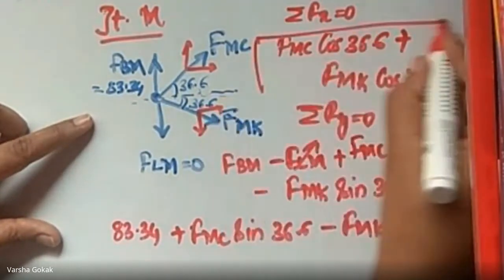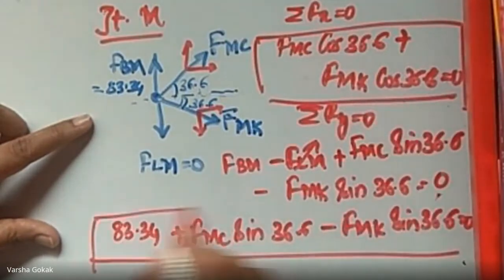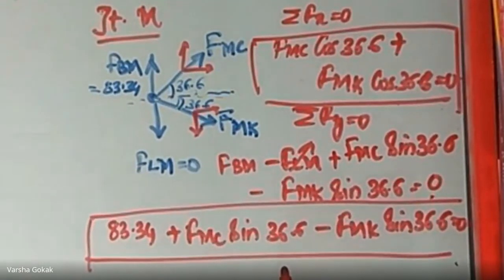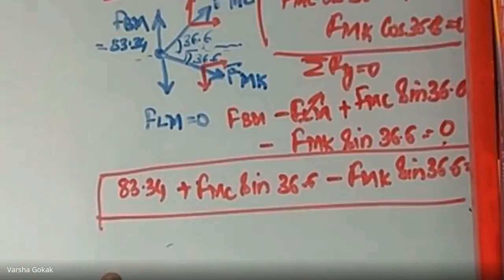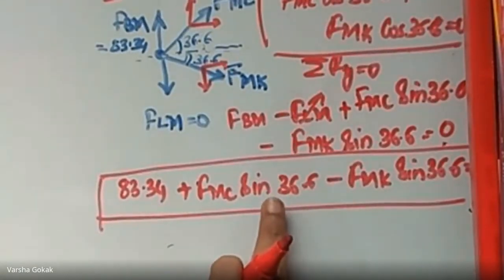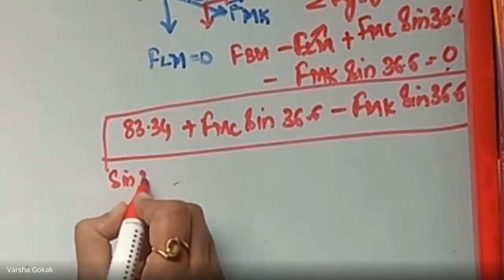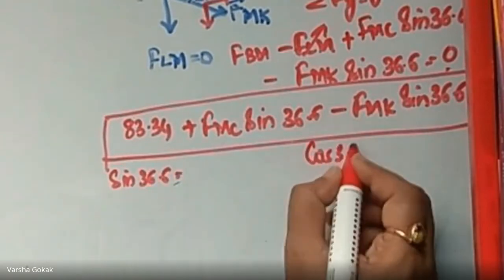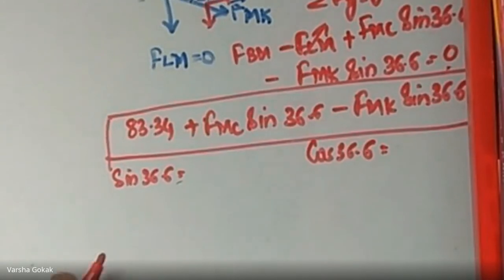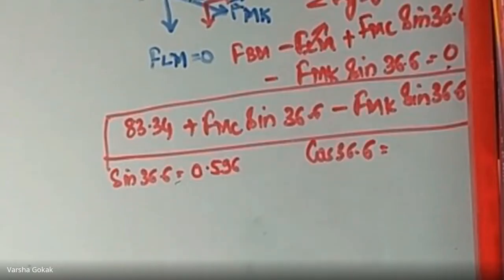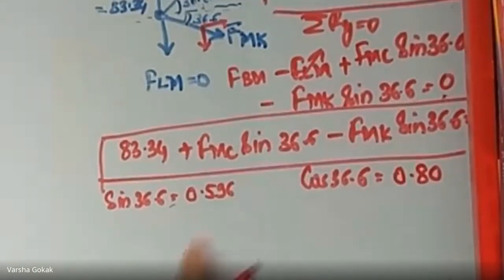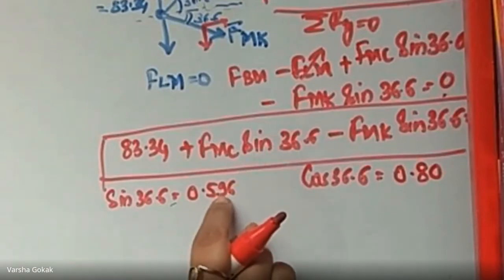Now look at this equation and look at this equation. Both these equations have got FMC and FMK as unknowns. So these are like your simultaneous equations, right? Give me the value of sine 36.6 and cos 36.6, please. What is sine 36.6? What is cos 36.6? 0.596, and this 0.80. What I'll do, I'll substitute these values.